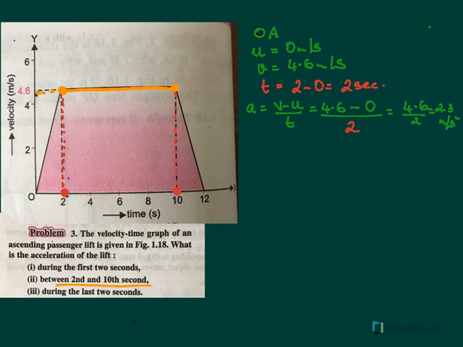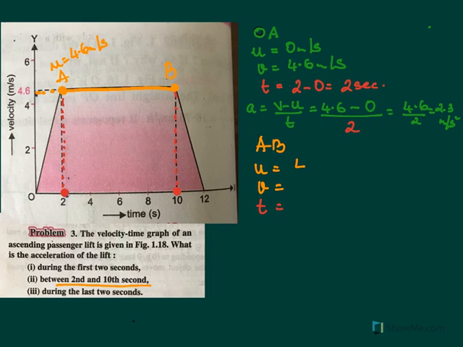So we'll mark this as A and this as B. Let us see along AB. We'll find the initial velocity, the final velocity, and the time for AB. If you look here, you will see that the initial velocity is 4.6 meter per second.